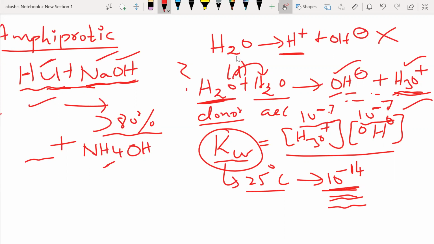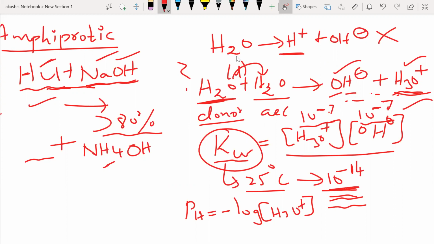Now I'm going to introduce you to the concept of pH. pH is a formula: pH is equal to negative log of H3O plus, or generally they write only H plus. But to be exact, we write it as negative log of the concentration of H3O plus ions.